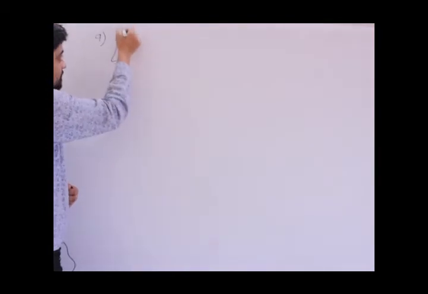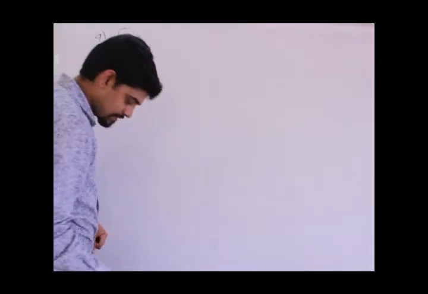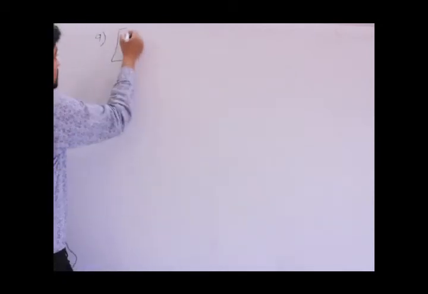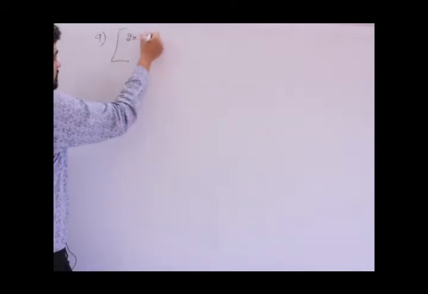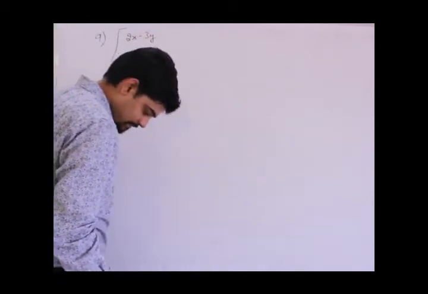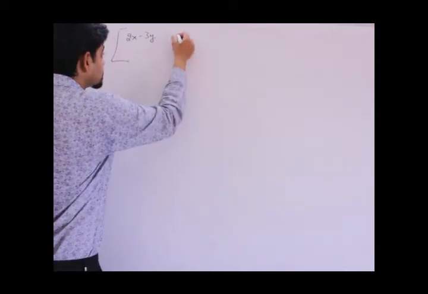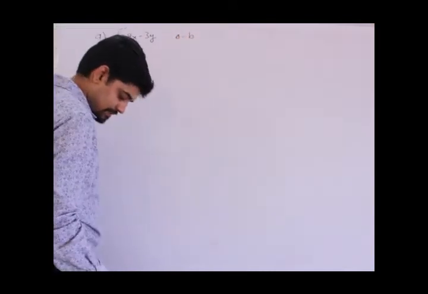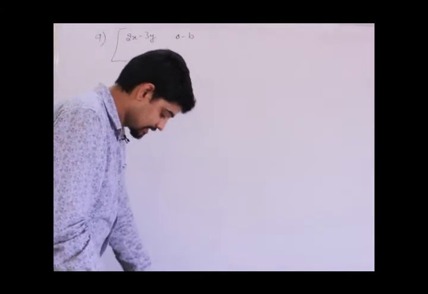what is it? 2x minus 3y, a minus b, and then it is 3.